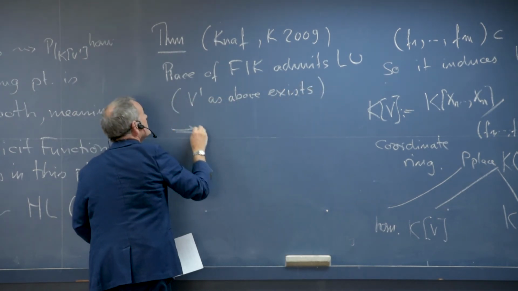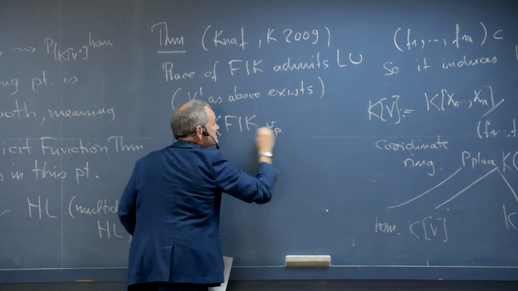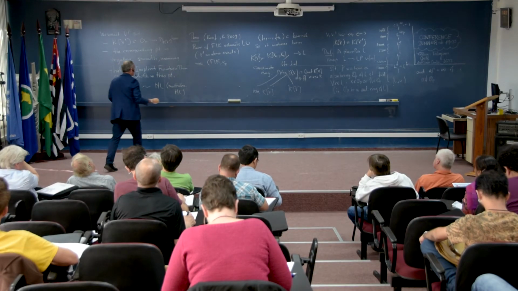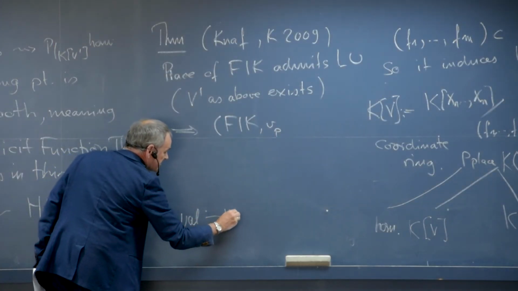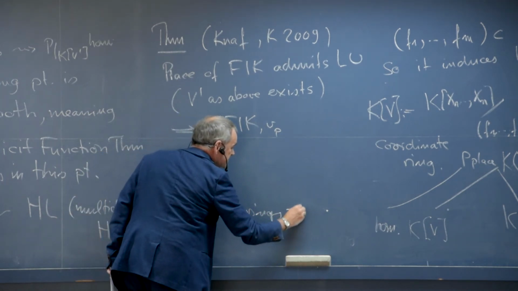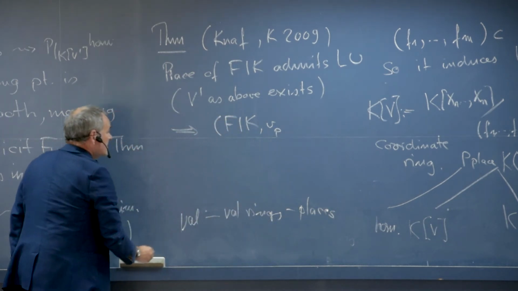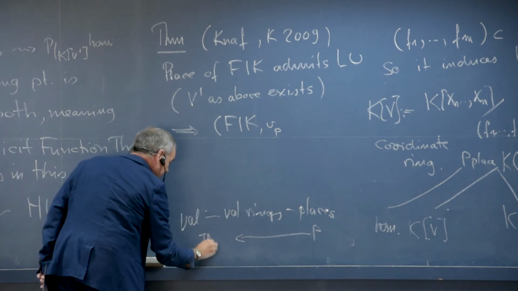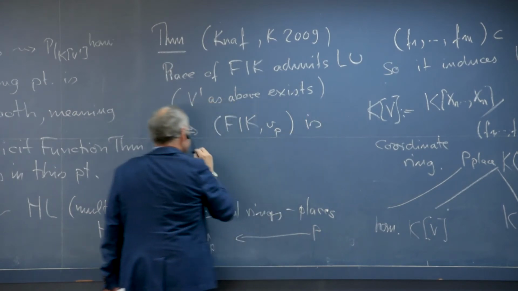This implies that the valued function field, now V is the valuation associated to the place P. Remember, we have valuations, we have valuation rings, and we have places. That's a trilogy. They all correspond to each other. And if we have a place P, the corresponding valuation will be denoted by Vp. This guy is inertially generated.